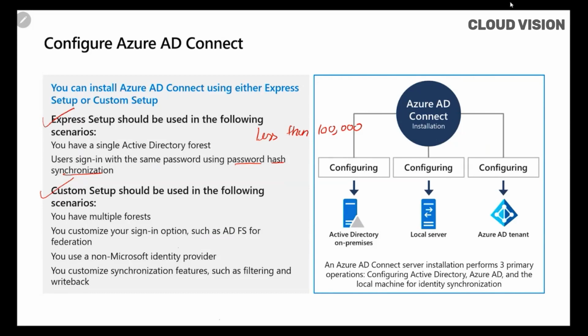Because with your Express setup, Microsoft also installs an instance of SQL Server, or I should say the Express instance of SQL Server, which has a database limit of 10 GB, which is roughly 100,000 objects. If your organization has these requirements, you can definitely go with the Express setup to synchronize your identities.